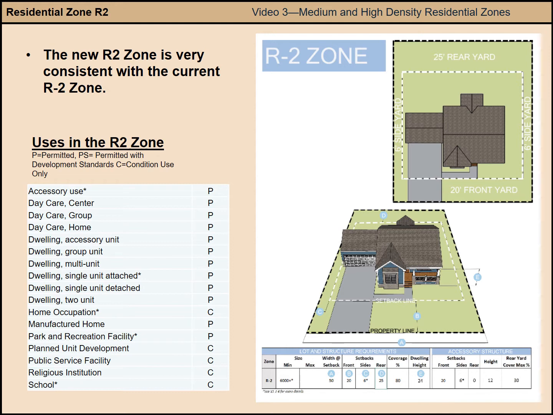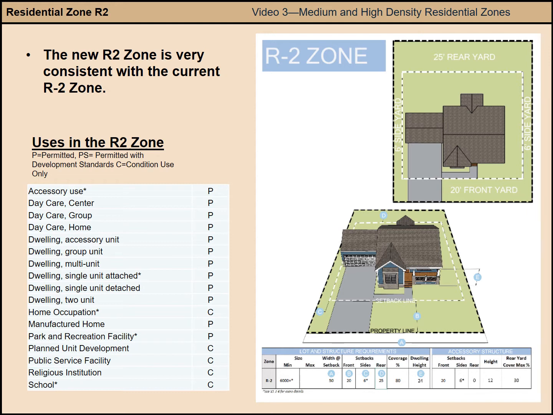But with those zones also comes a higher density allowance. Removing this restriction, but keeping the same maximum density of 17 units per acre, helps the R2 zone be more functional. We've also kept in the building height restriction of 24 feet, so this still works as a good transition zone from medium density to low density development as recommended by the comprehensive plan.